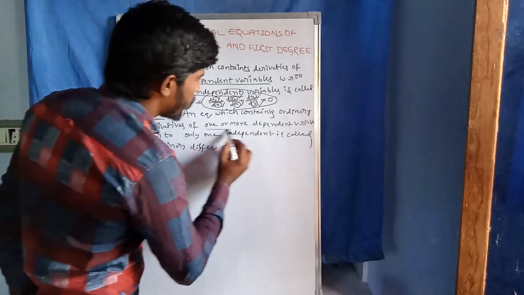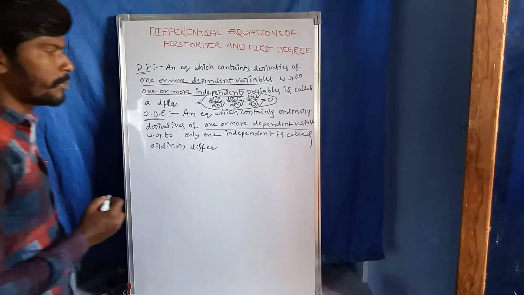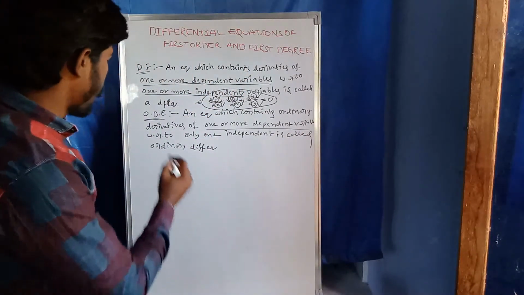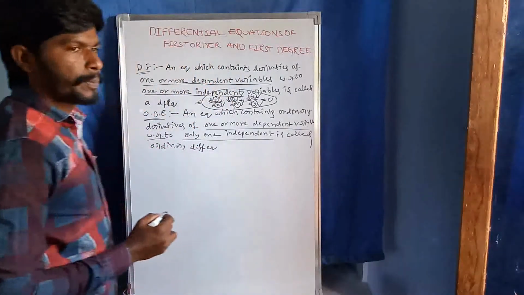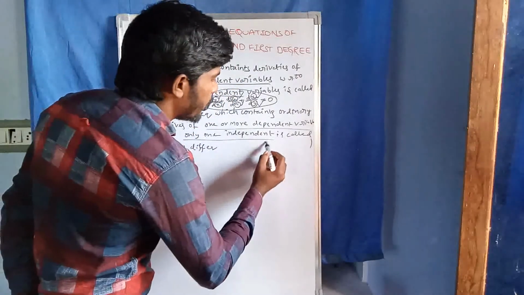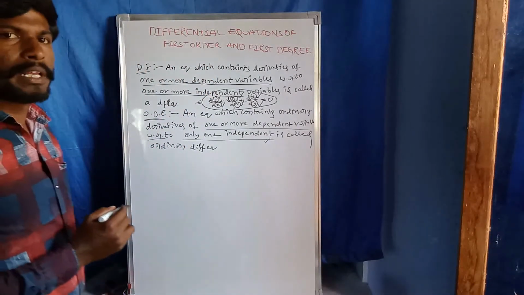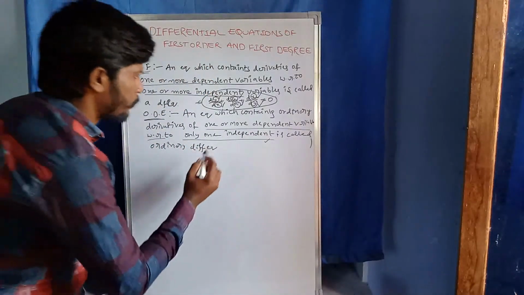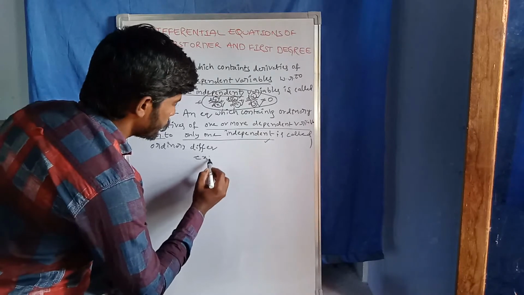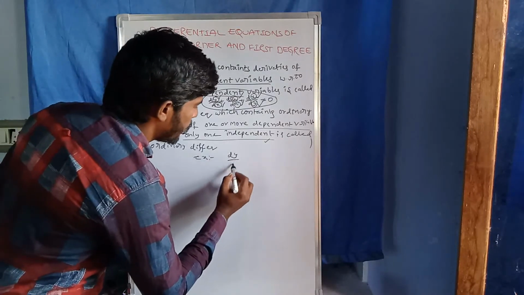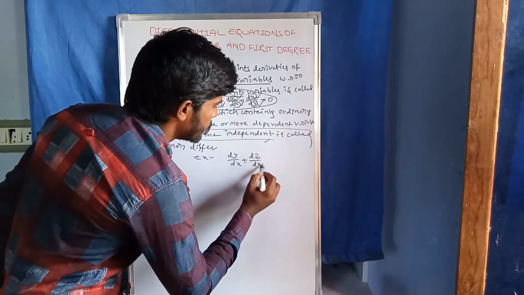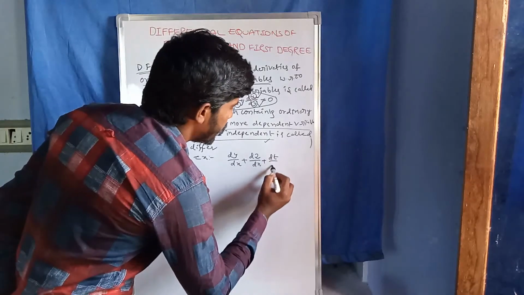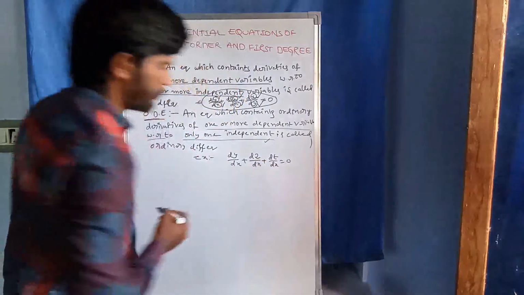Now, an ordinary differential equation contains ordinary derivatives of one or more dependent variables with respect to only one independent variable. For example, dy by dx plus dz by dx plus dt by dx is equal to 0.